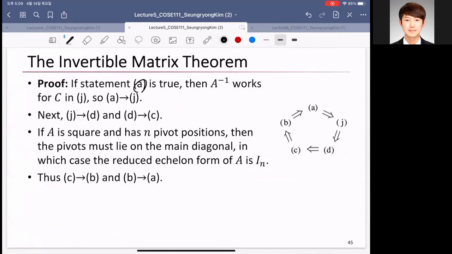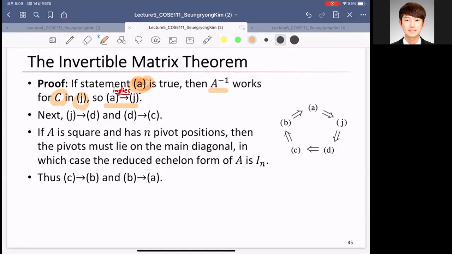So we'll start from A. First of all, we will show A implies J. If statement A is true, then the inverse of matrix A works for C in J.